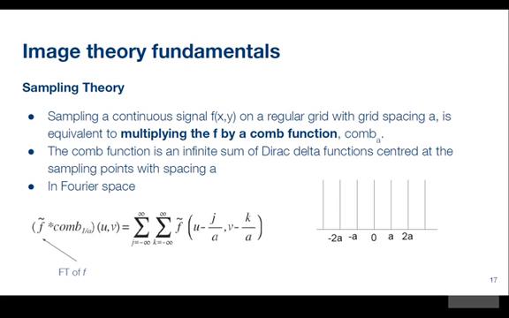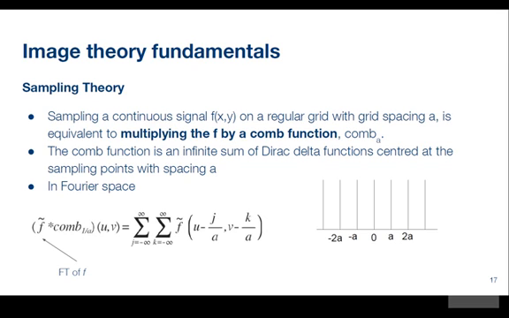Now a comb function is just a long line of delta functions. So if we take a continuous function and multiply it by a comb function, that gives us the sampled image, or the sampled version of that signal.